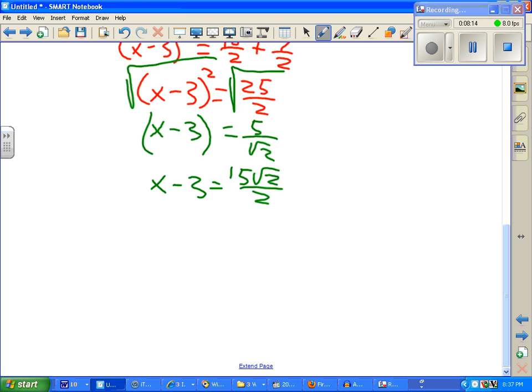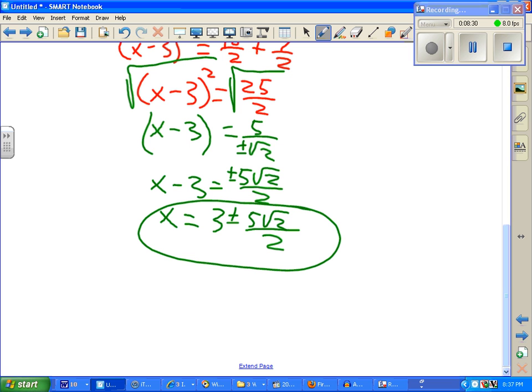Always remember, when you take a square root, it's always plus or minus. That could give us 2 answers. So x equals 3 plus or minus 5 root 2 over 2. There's my answer, and I've got 2 answers because of the plus or minus. That is completing the square.